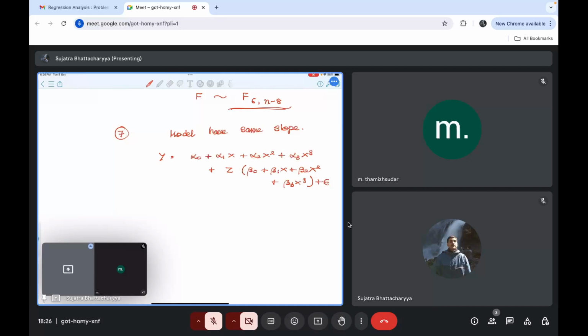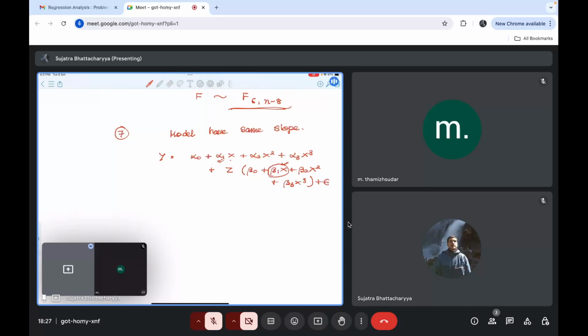So this is the actual model, generalized model. Now, models have same slope. So just consider the slope only. How to put a single slope model? Only by keeping alpha 1 into x, by removing this part, beta 1 into x. So it's a same slope model.